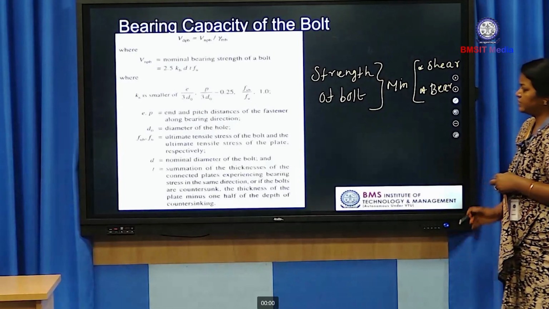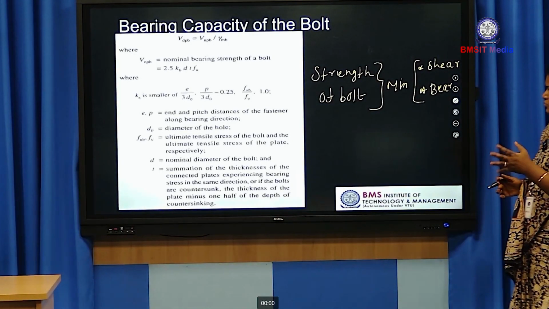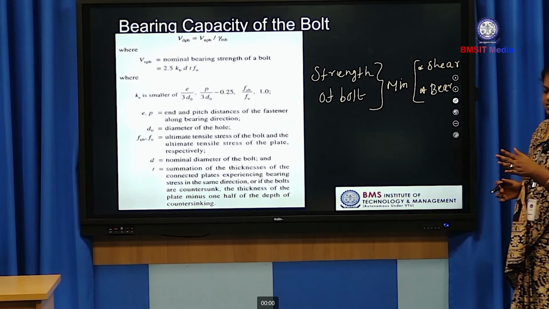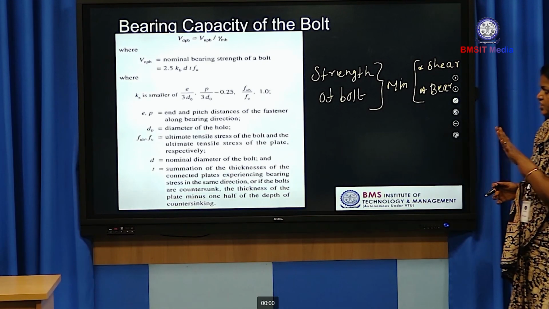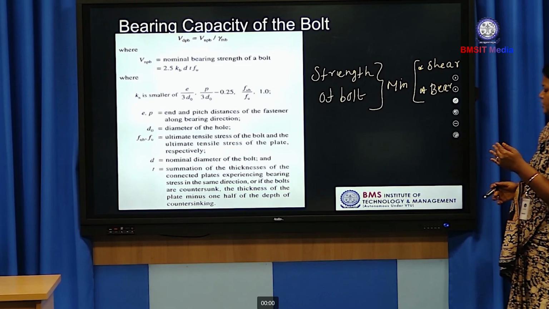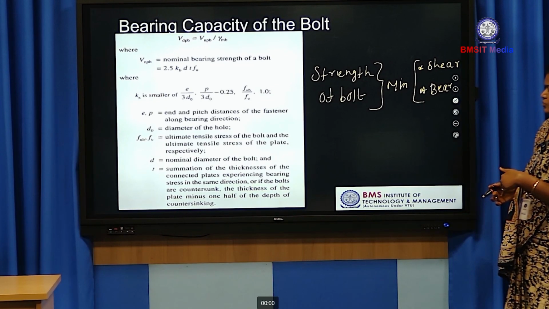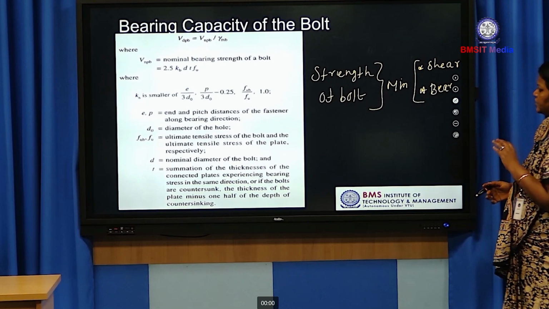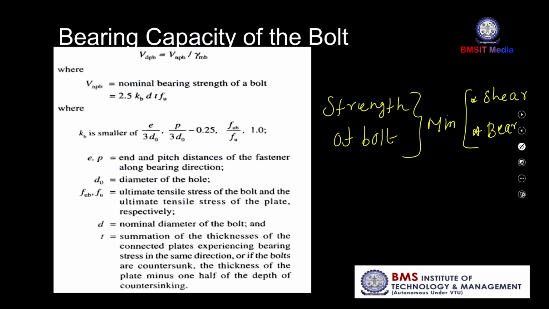How will we find the strength of the bolt? The strength of the bolt is subjected to two types of failure, one is shear, another one is bearing. First we find the shear strength of the bolt, next we find the bearing strength of the bolt. After that we take the minimum value, and that value is considered as the strength of the bolt. So, how will we calculate the bearing capacity of the bolt?